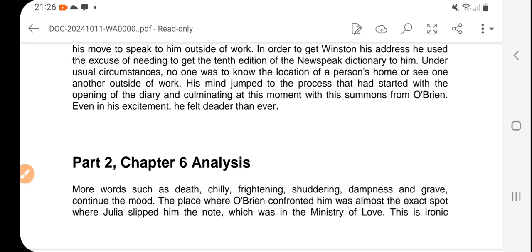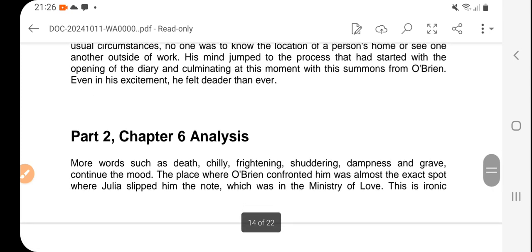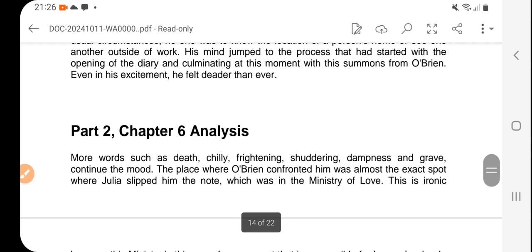His mind jumped to the process that had started with the opening of the diary and culminated at this moment with this summons from O'Brien. Even in his excitement, he felt more dread than ever. So here, all of a sudden, Winston feels dread.